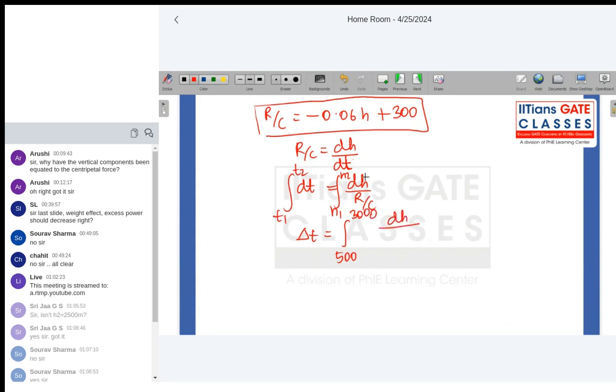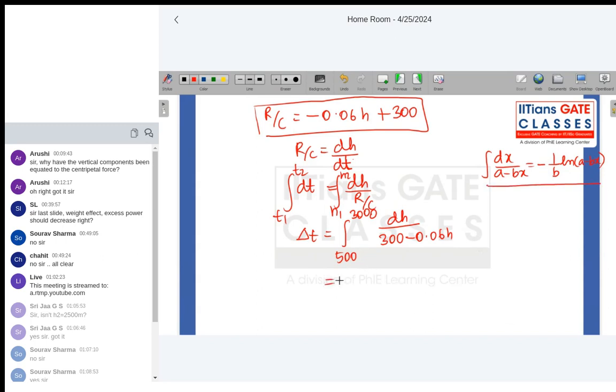dh by the rate of climb equation we know, which is 300 minus 0.06 h. This is in the form of dx by a minus bx. If I integrate this, it becomes minus 1 by b into ln of a minus bx. This is the integration formula.